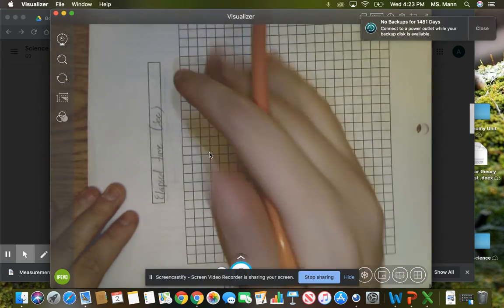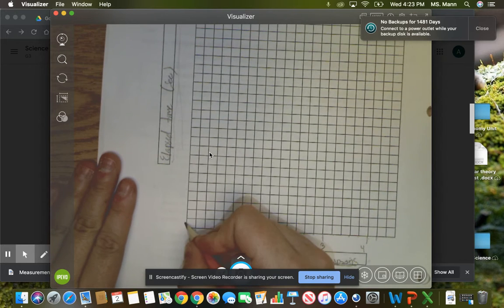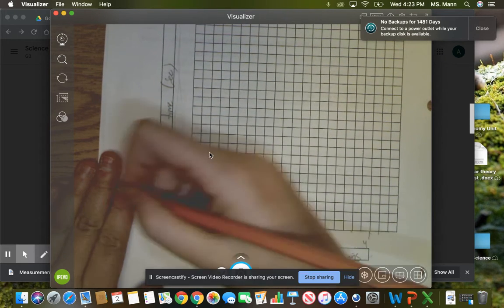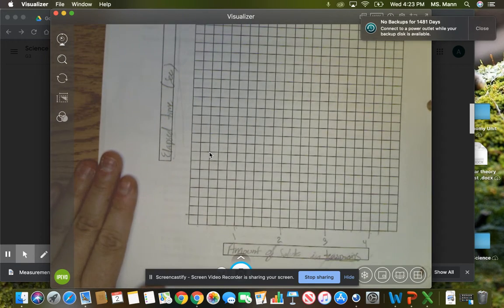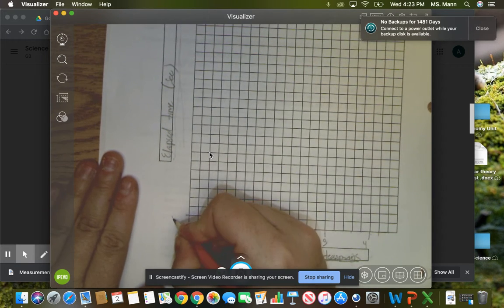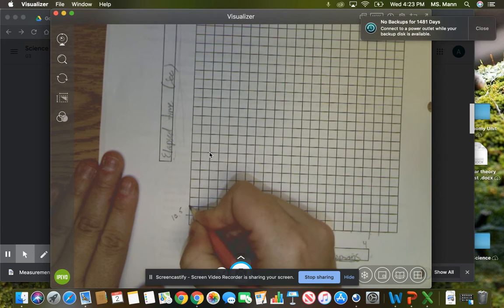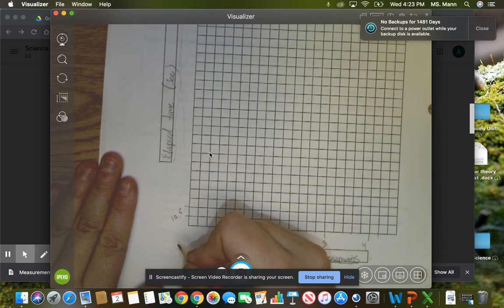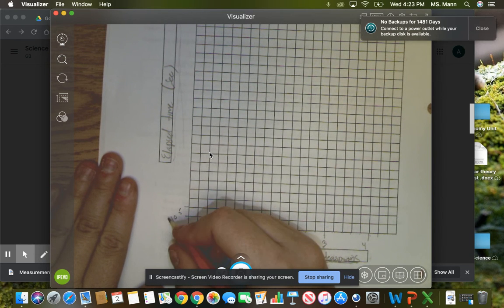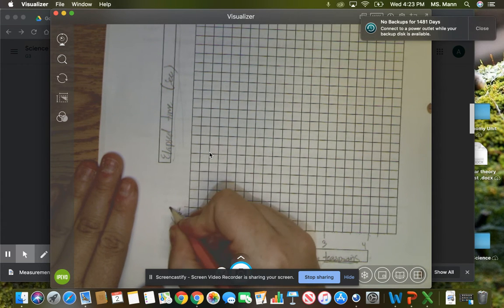This is your y-axis. Each of these lines is going to be 10.5, and then you're just going to add 10.5 every time you go up a line. So what's 10 plus 10? That's 20. And then we have an extra 1, so that's going to be 21.